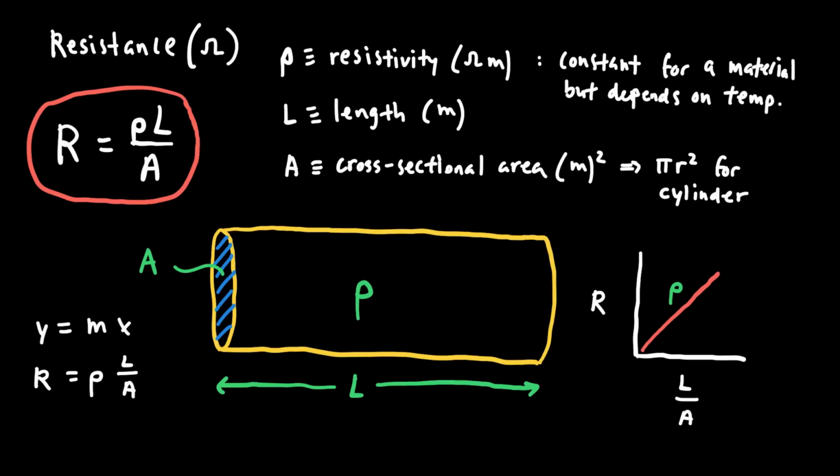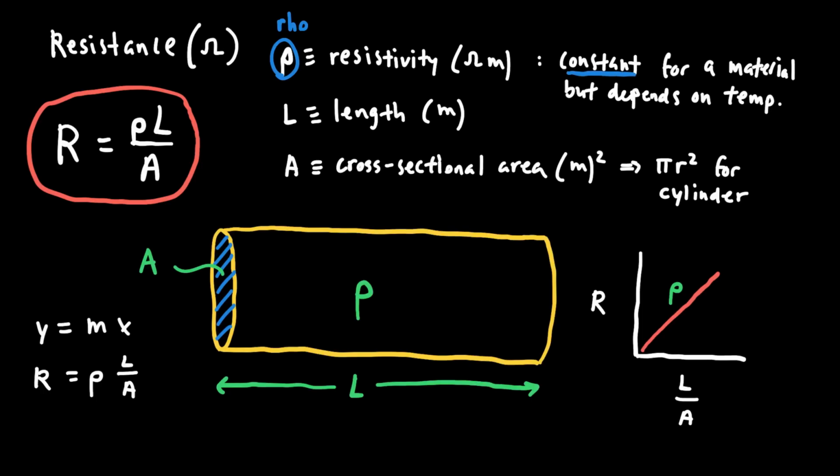There's an equation for resistance that depends on three things: the resistivity of the material, the length of the material, and the cross-sectional area of the material. The resistivity is represented by the Greek letter rho, which is RHO. And the resistivity has units of ohms times meters, and it is a constant for a given material.